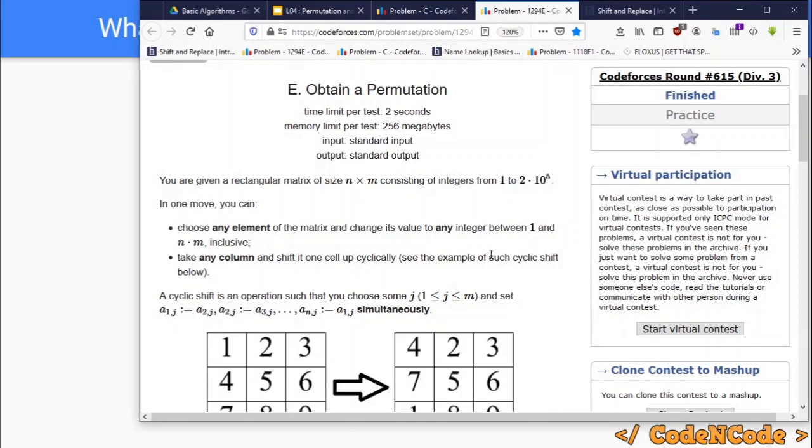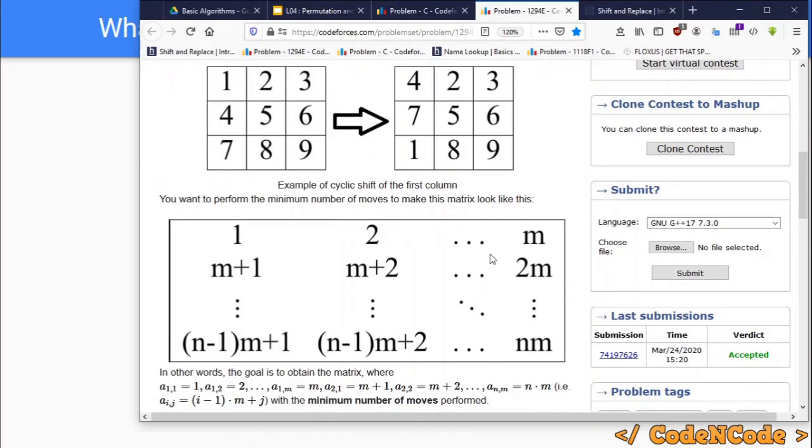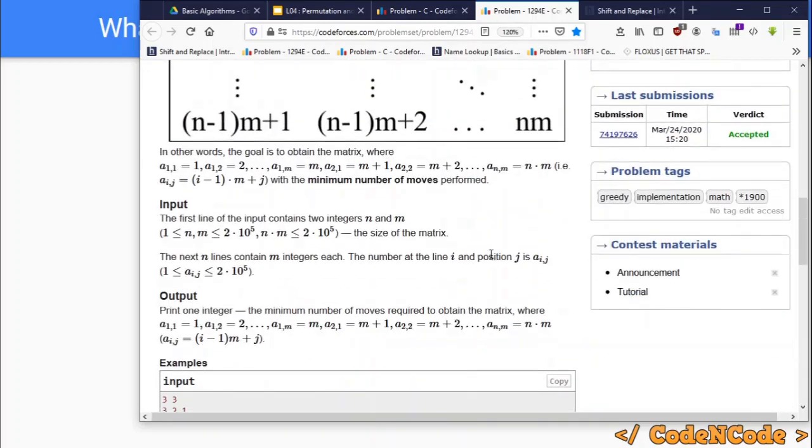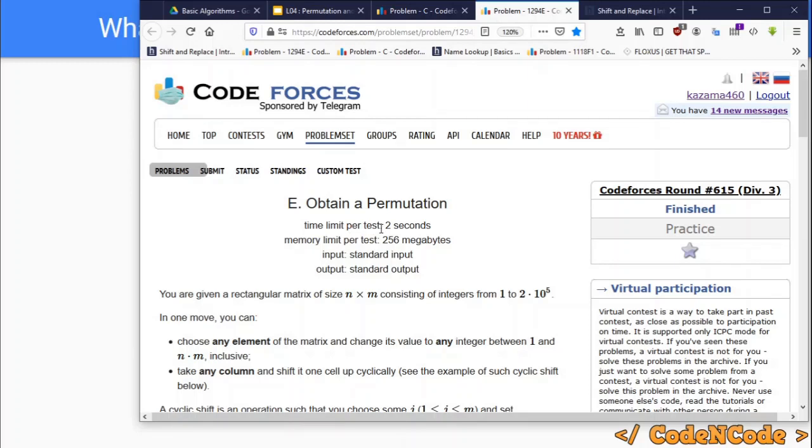I'll be leaving the link in the description so that you can read about this problem and understand that this problem feels a bit difficult, and after studying the technique you will be able to solve it. Again, it is a 1900 rated problem, and it is a Div 3 E problem.